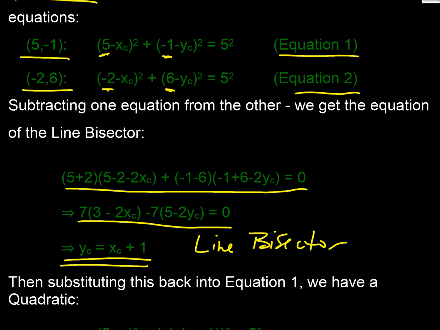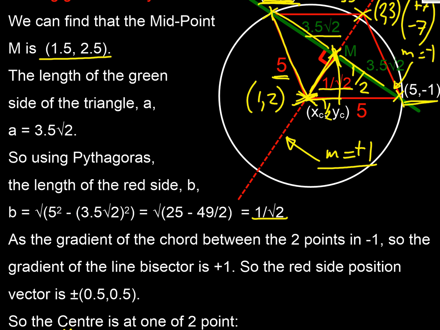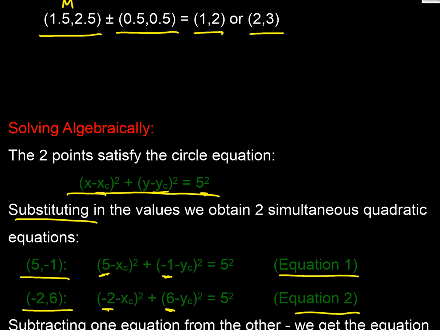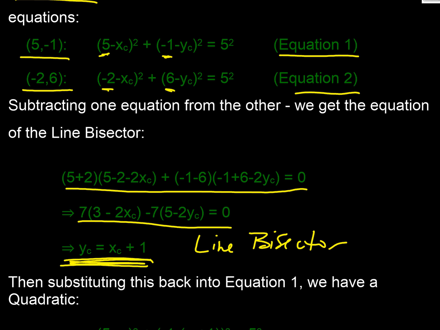And if you actually look at this, this is the line bisector equation from above. If we went back to our diagram up here, that red line, what we've done is just created the line bisector equation. Then we can take this relationship and plug it back into one of our equations above. I'm going to use the first one for the point (5, -1).